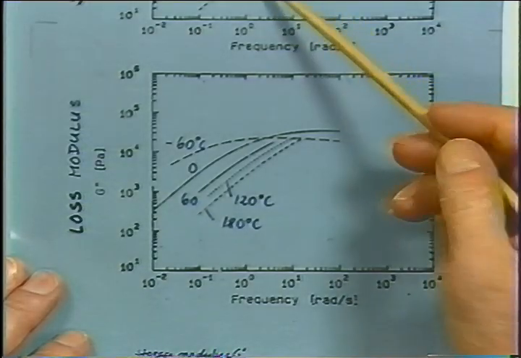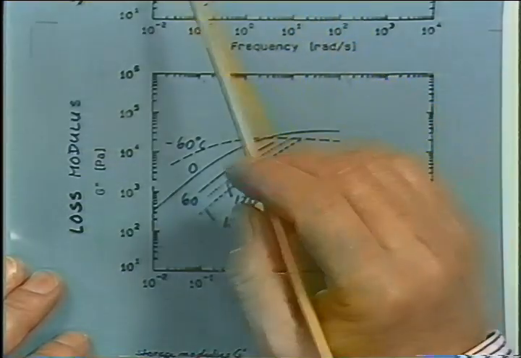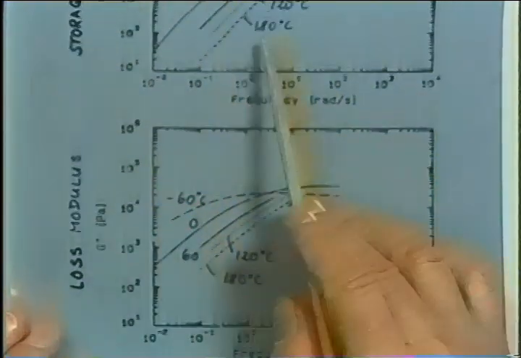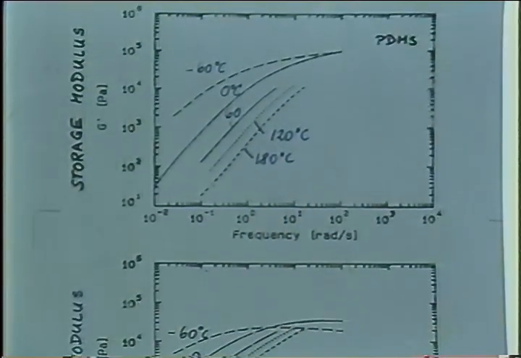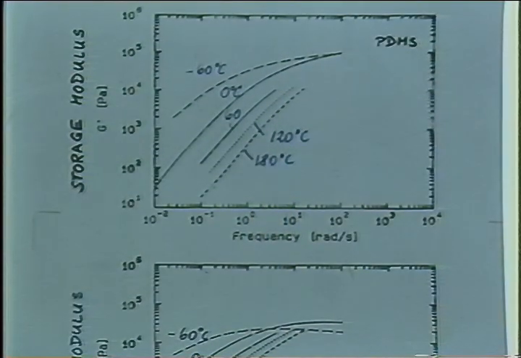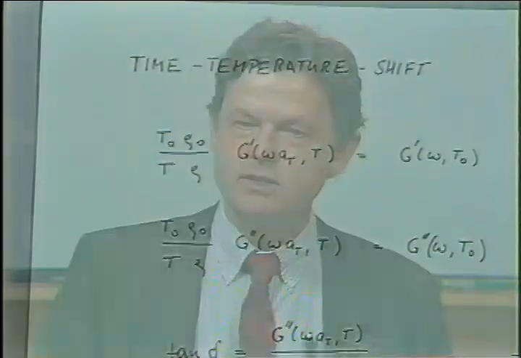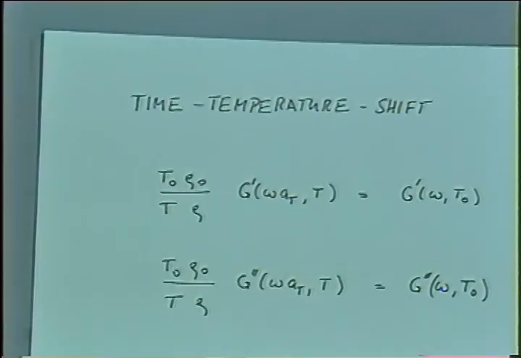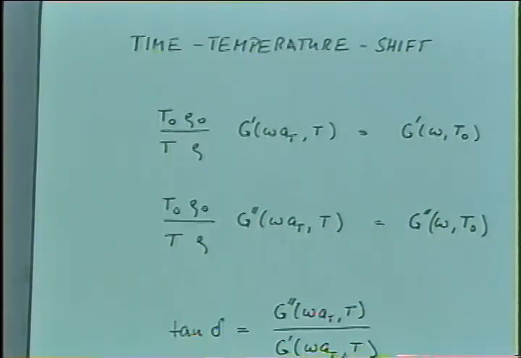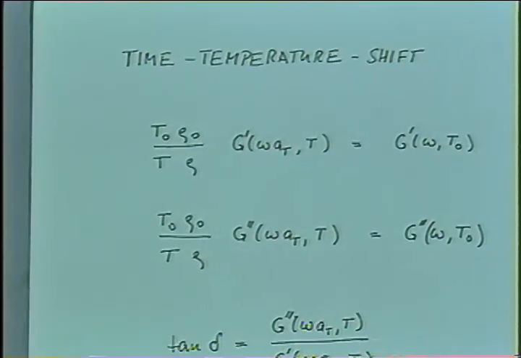We have several curves here because the temperature was varied between minus 60 and plus 180 to apply time temperature superposition. That's the first step. We will increase our frequency window by shifting the data so that we reduce them into a single master curve.